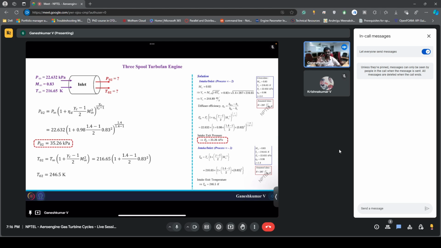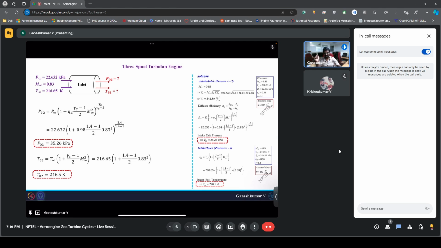So until the HP compressor there won't be any change in pressure and temperature. The temperature at the exit of the intake would be 246.5 Kelvin. Since the intake is an adiabatic process, the isentropic flow relations suffice to get the exit temperature at the inlet.